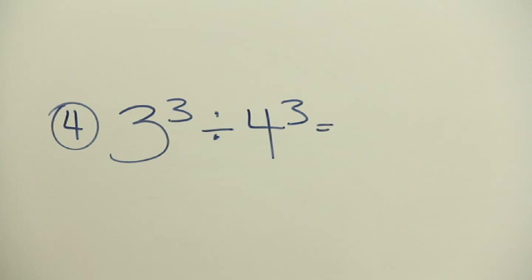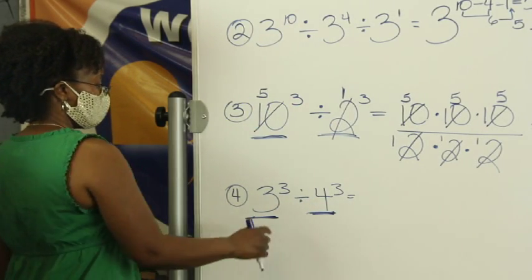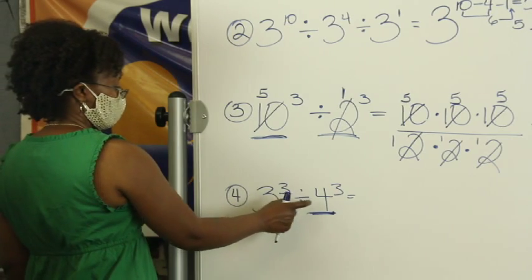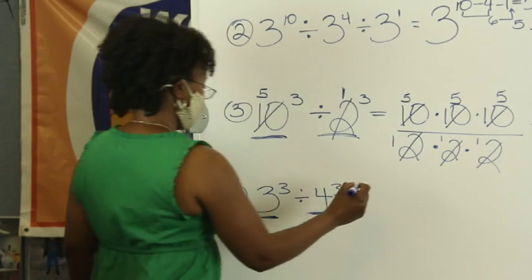Now, let's try another one that does not have the same base number. They have different base numbers. And they don't have factors that are the same. There's no factor that goes into both of them. So we're just going to have to do it the way that it is, okay? Let's do it.